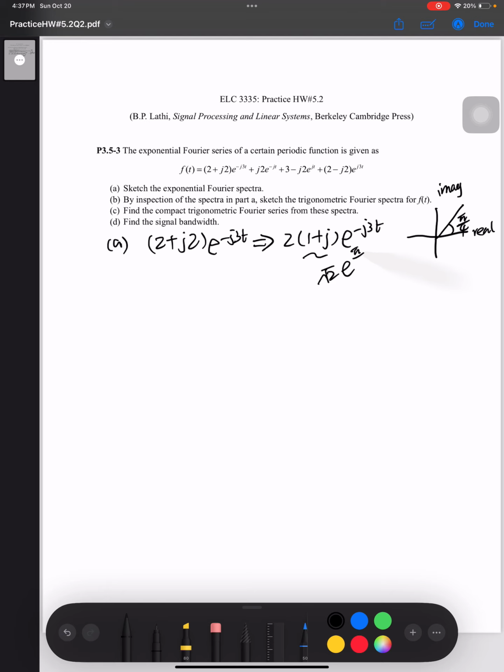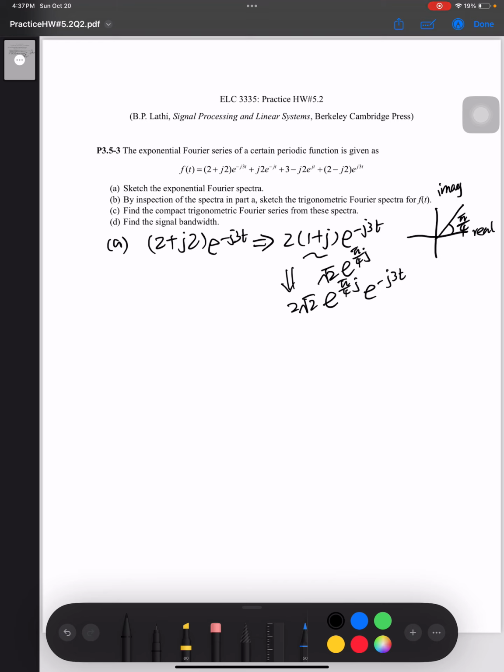So this whole term is 2 times square root 2, e to the j pi over 4, times e to the j3t.